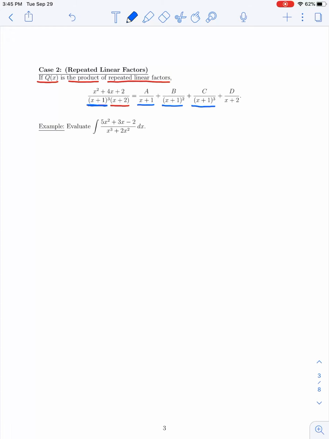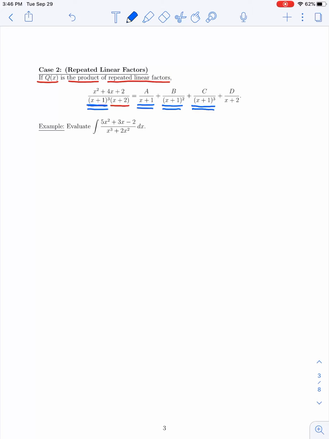So I'm going to have as many terms in the decomposition as powers of that linear factor that appear in my denominator. In this example, since I had x plus 1 to the 3rd, I'm going to have a term involving x plus 1 to the 1st, x plus 1 squared, and x plus 1 cubed for my denominators in this decomposition.